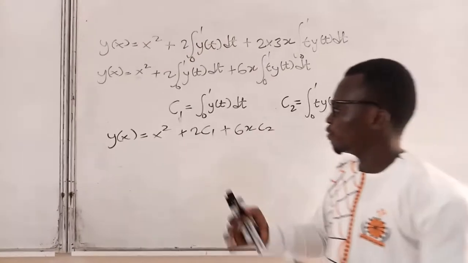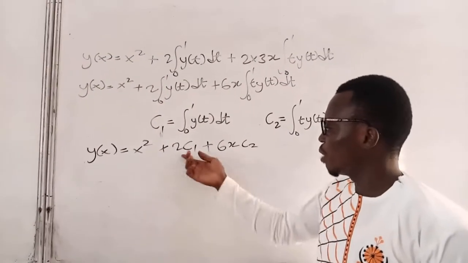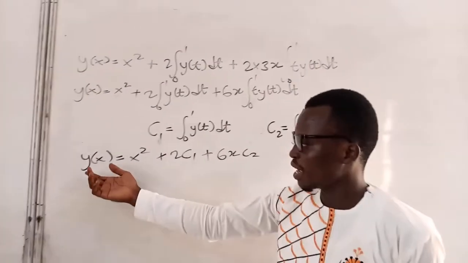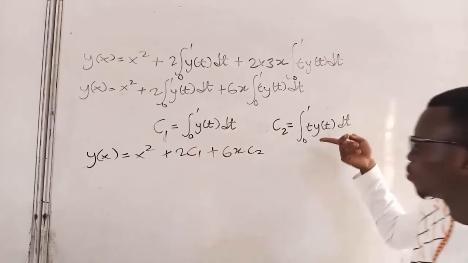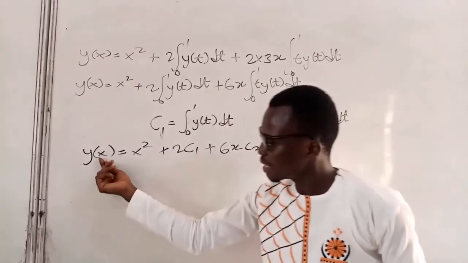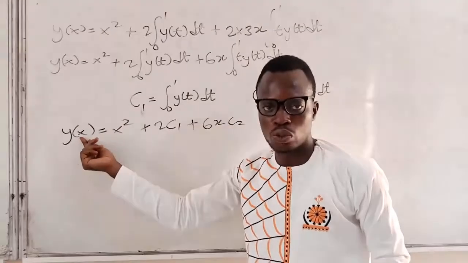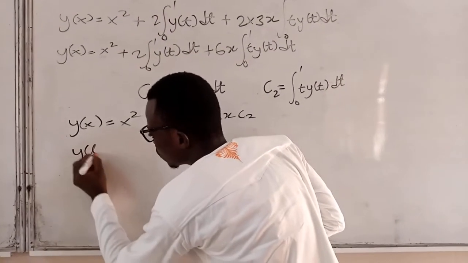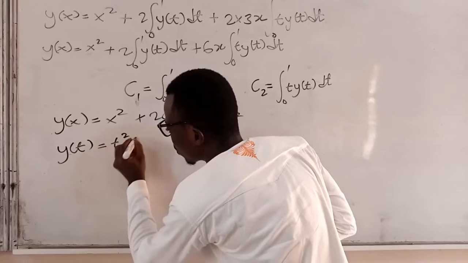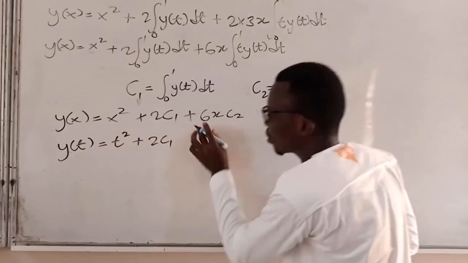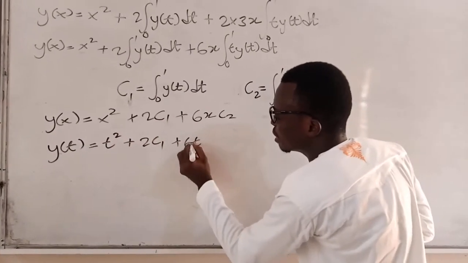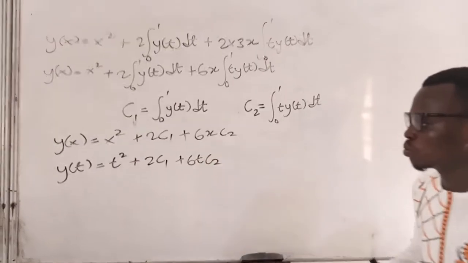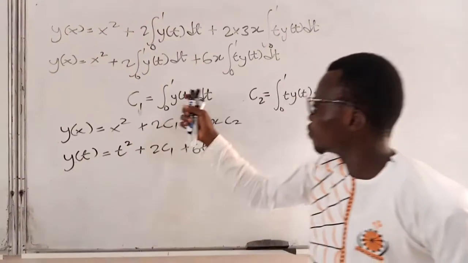Now you need to solve for c1 and c2. But we have y of s here, and we have y of t, so let's change this s in the equation to t. The equation becomes y of t equal to t squared plus 2c1 plus 6t c2.